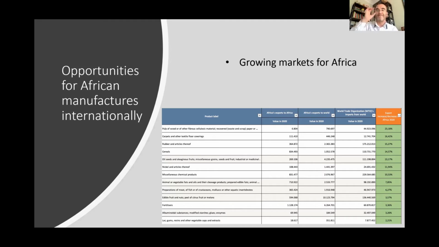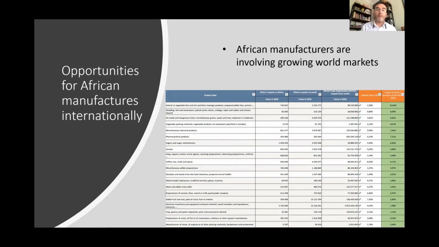We can continue. And not only for African rapidly increased markets, I have also analyzed world trade. And there are some products, if we are talking about world trade, whose exports are also increased.